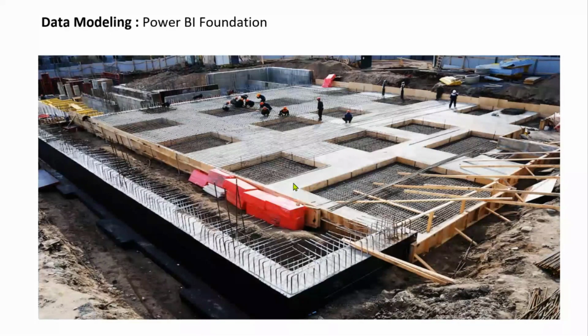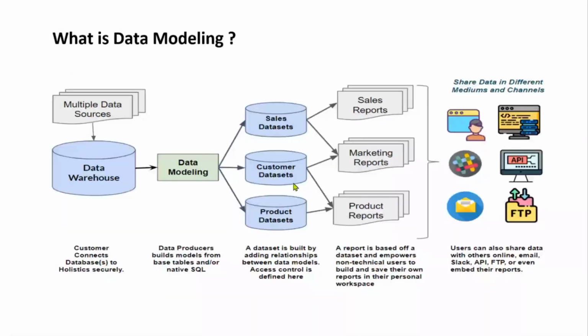This is a diagram that shows the circle moving from different resources, bringing them to a particular place called the data warehouse, where all of these data from different sources are stored, and then model the data.